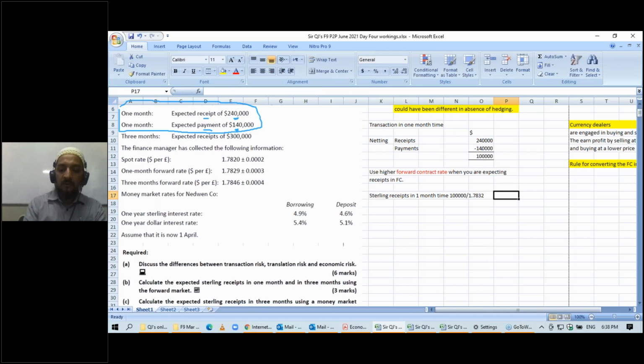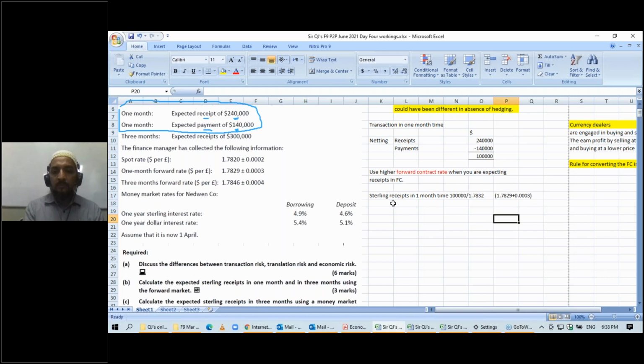This is how you get it: you take the 1 month forward rate, 1.7829, and add 0.0003 to it. So this becomes your higher rate when you add the margin to it.